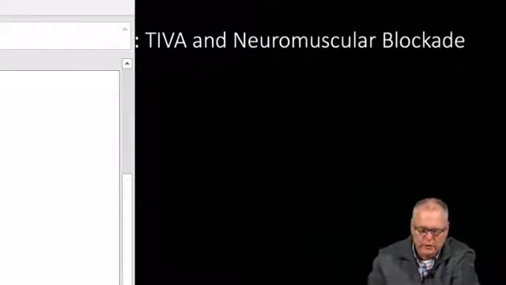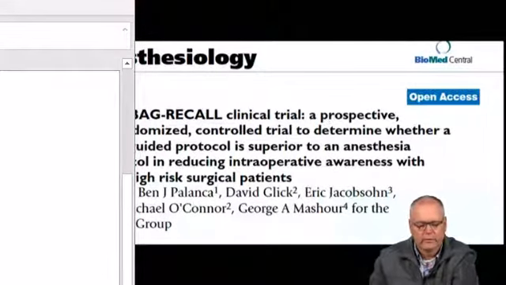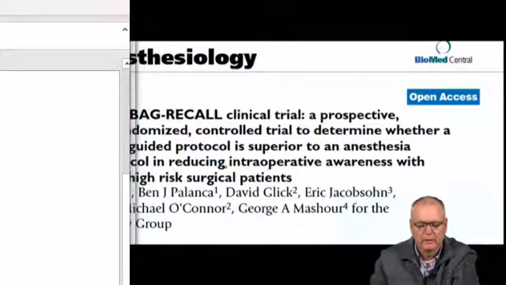So to get us started, I'd like to kick off with the BAG-RECALL clinical trial. It's a prospective, multi-center, randomized, controlled trial to determine whether a BIS-guided protocol is superior to an anesthesia gas-guided protocol in reducing intraoperative awareness.